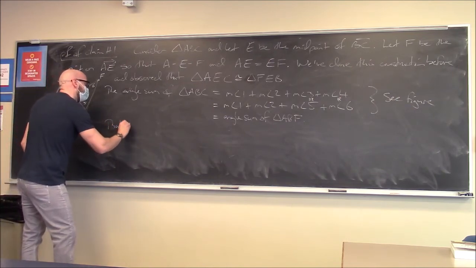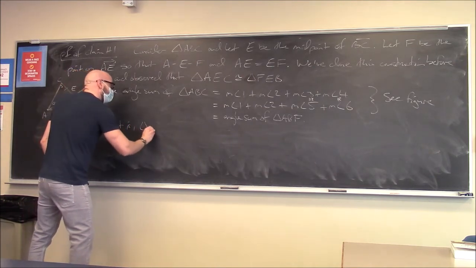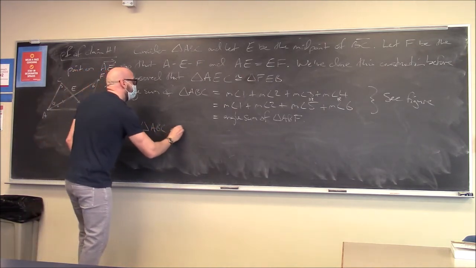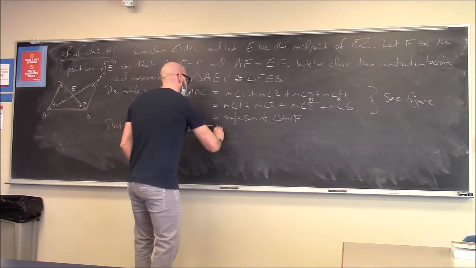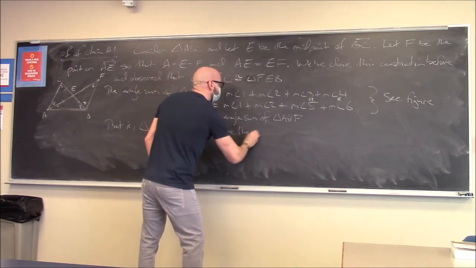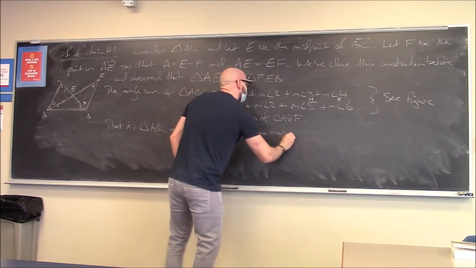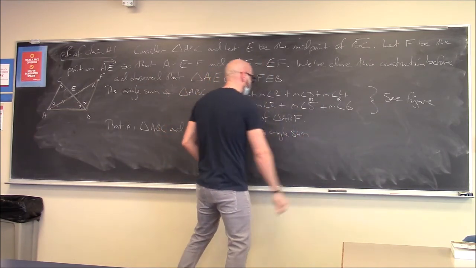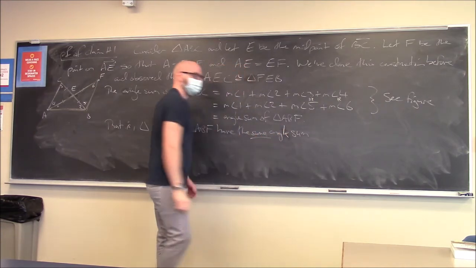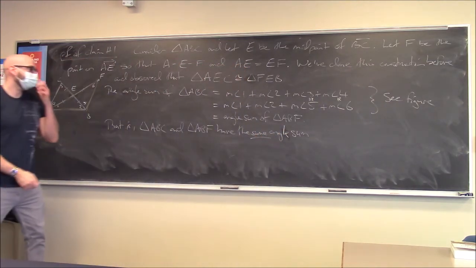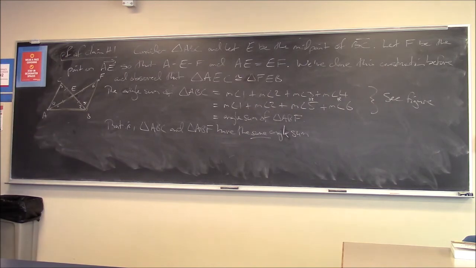That is, triangle ABC and triangle ABF have the same angle sum. There's the first part of what I was trying to do.